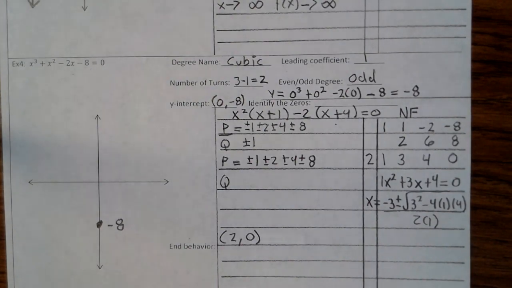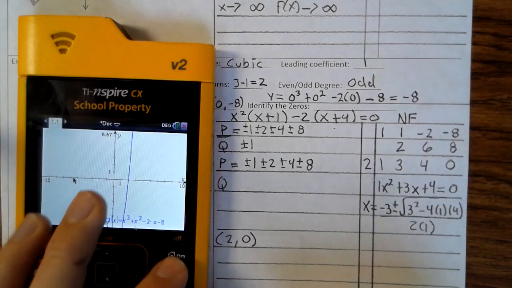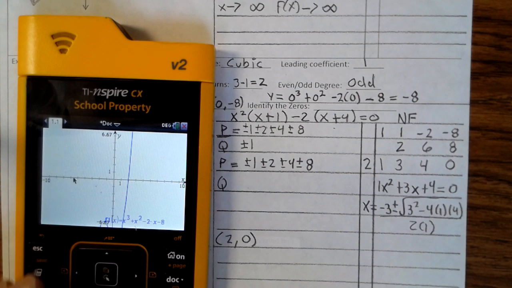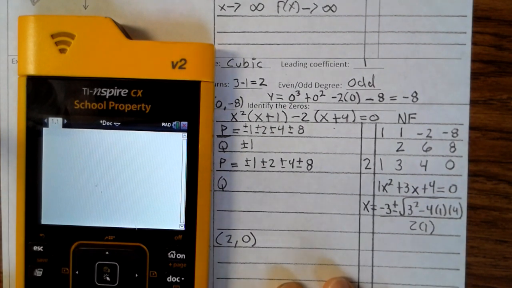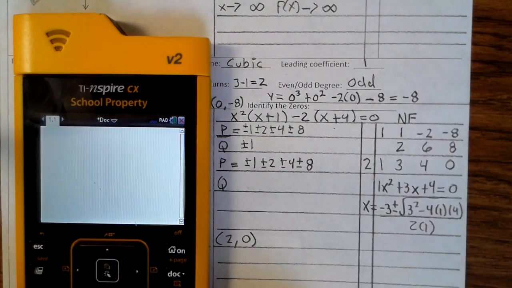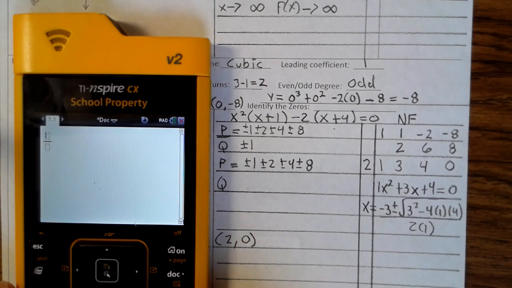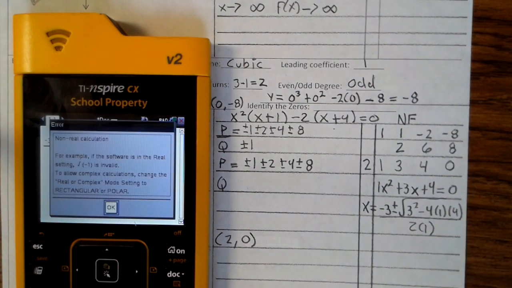Okay, so let's plug that into our calculator. So new document, no, add calculator. So then that's control divide, negative 3, plus control square root, 3 squared minus 4 times 1 times 4, divided by 2 times 1. It gives us a non-real calculation.